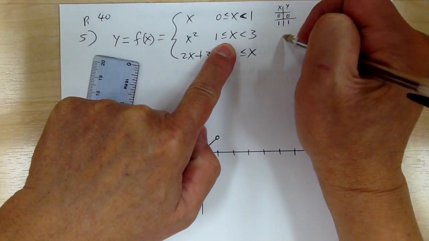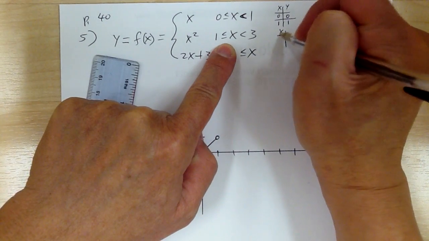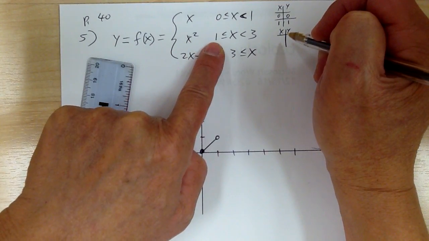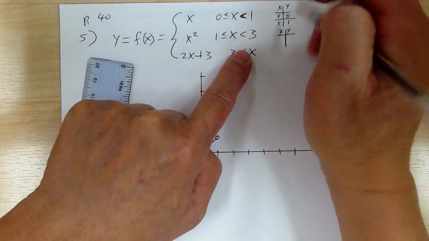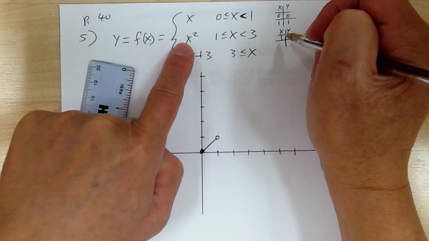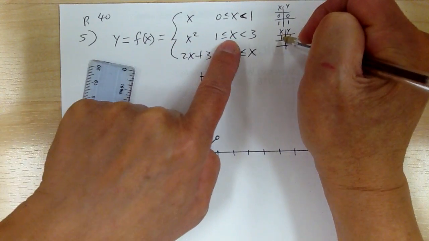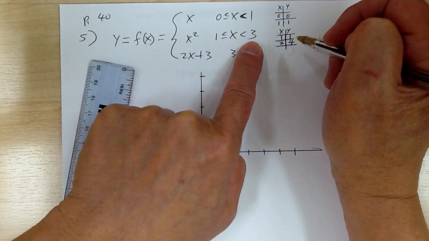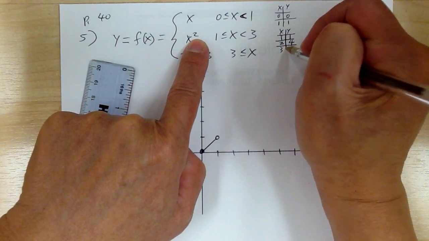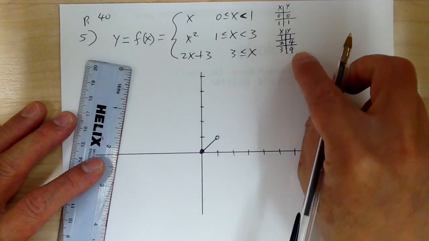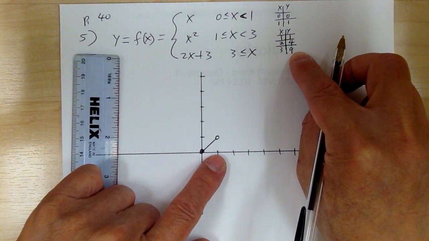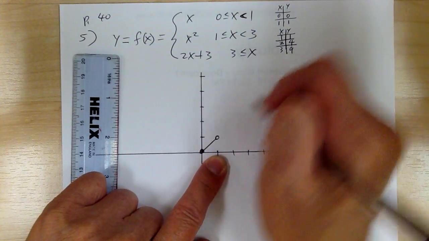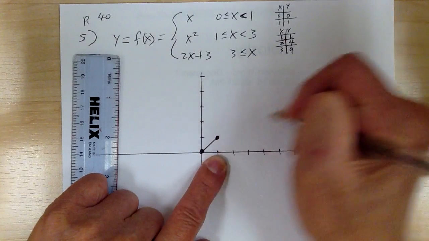Now when you're doing this part over here, again, you make the table, and this is y equal to x squared between 1 and 3. So when x equal to 1, 1 squared is equal to 1. When x equal to 2, 2 squared is 4. When x equal to 3, 3 squared is 9. And again, this is going to be an open circle. So for this graph over here, you're going to fill in 1, 1, so you're going to fill in that circle.